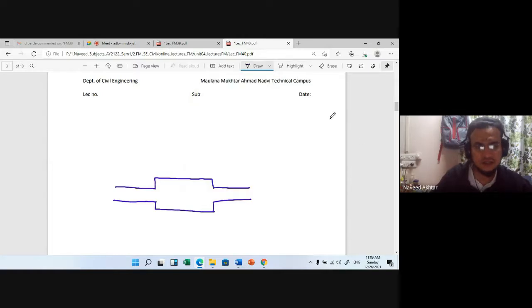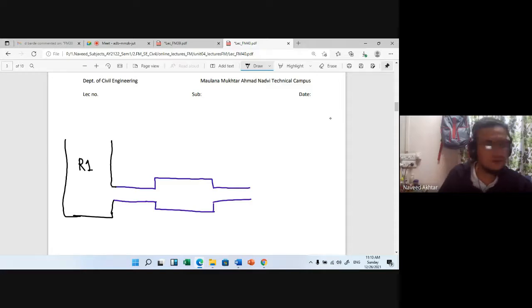So I will make the reservoir at a higher level. This is the reservoir. I will denote this reservoir 1, having some water level here. Okay, the water level here, or liquid level, whatever you can say.